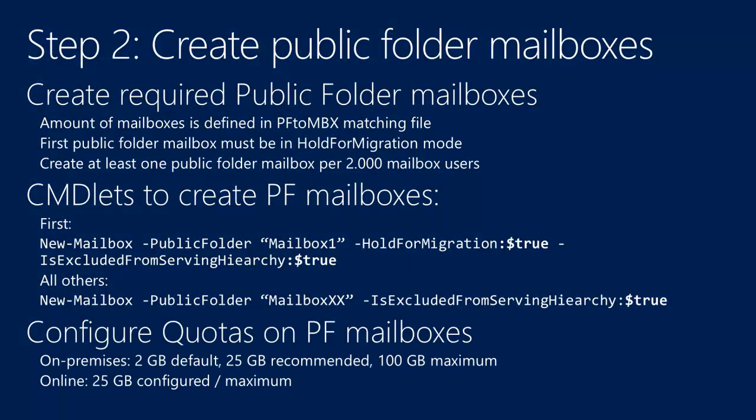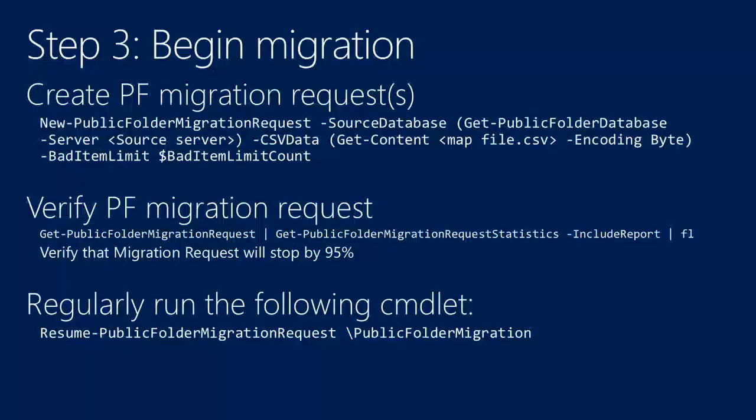Okay. And finally, you need to configure the quotas. Here's the information about the quotas. On premises, as I said, 2 GB is default, 25 is recommended, 100 GB should be the maximum. It's just from the performance perspective. In Exchange Online, 25 gig is the max. You cannot increase that.